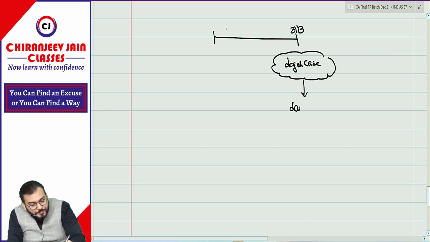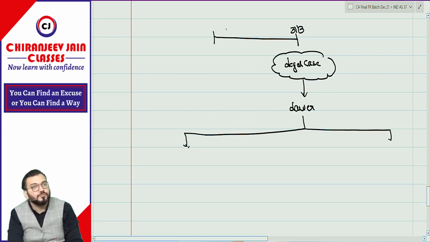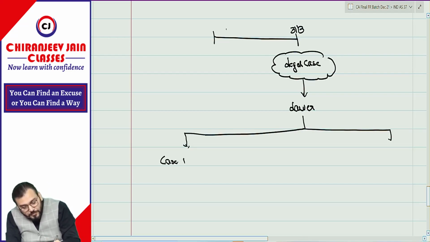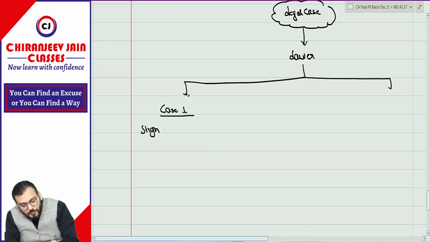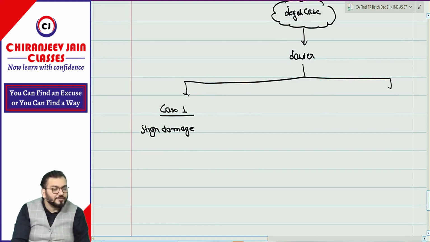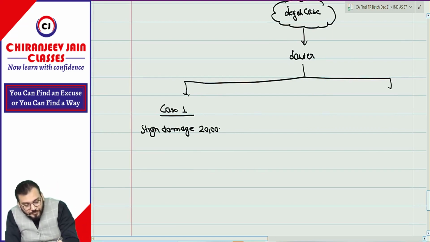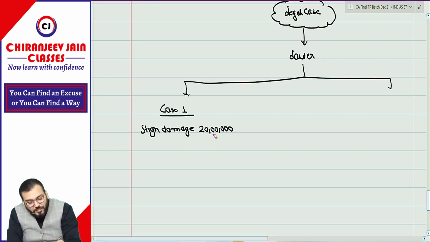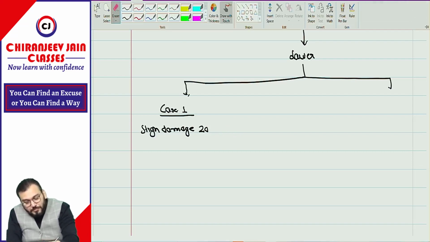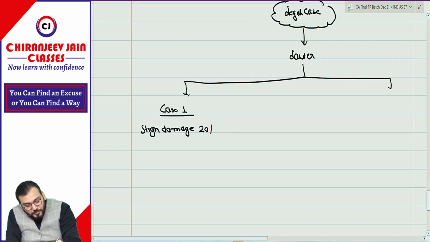Now as per the lawyer, there can be two types of information given. Case 1, case 2. Case 1: they have said the chances of high damage is 20%, and the amount of damage is 20 lakh.